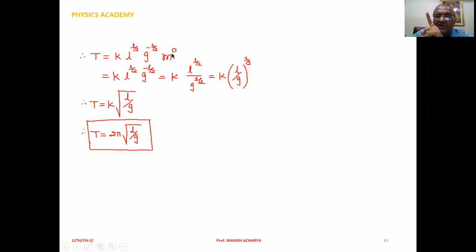Anything raised to 0 is 1. And see here, actually the periodic time does not depend on the mass of the pendulum. So automatically mass is discarded.